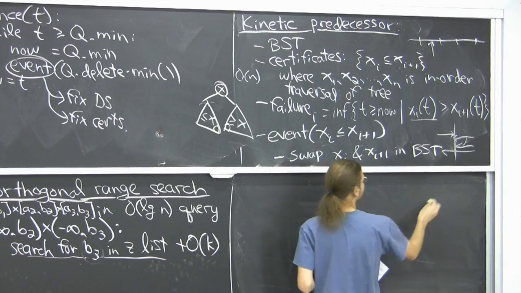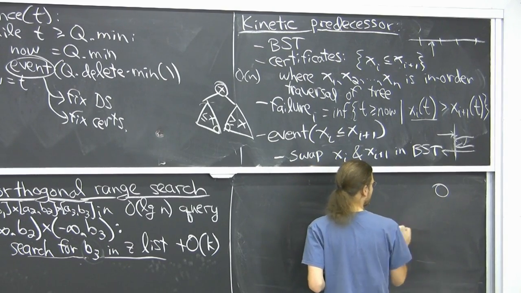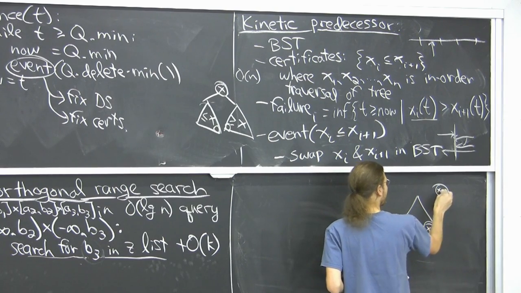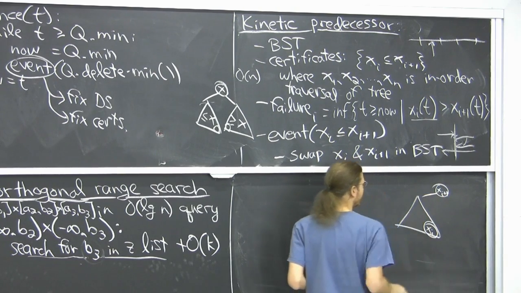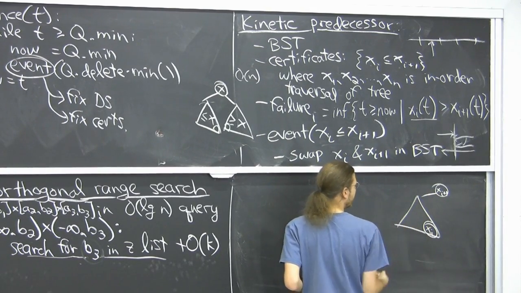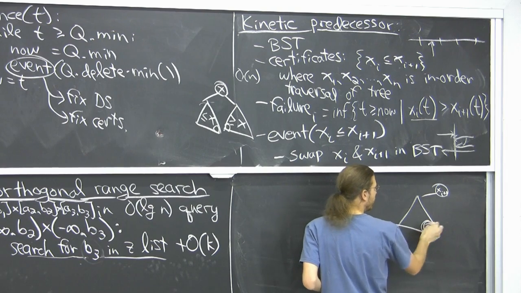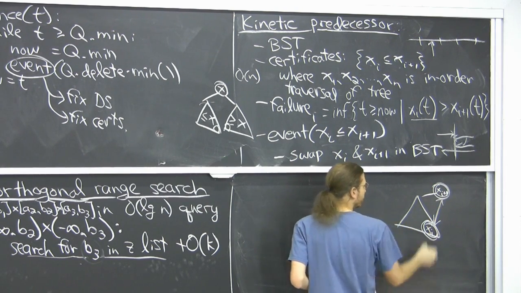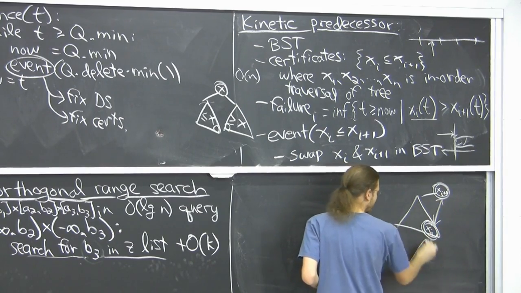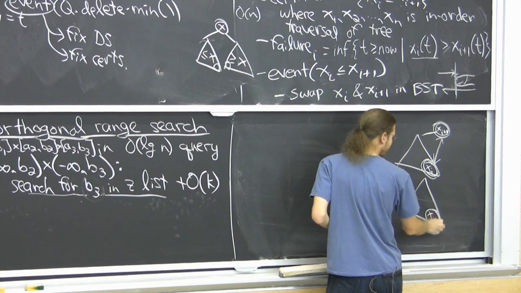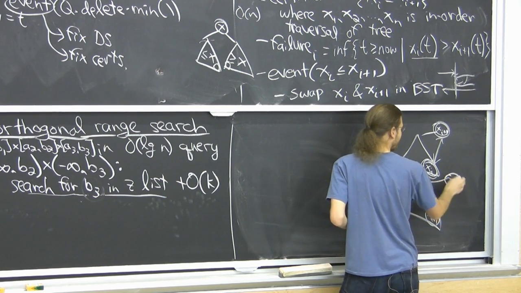So right now, in general, it's going to look something like this. We have xi plus 1, or it could be the reverse scenario, where one of these xi plus 1 is a leaf and xi is the predecessor. Right now, they're equal in value. So I'm just going to interchange them, move xi up here. It's a little confusing, but this is xi plus 1, and this is xi.